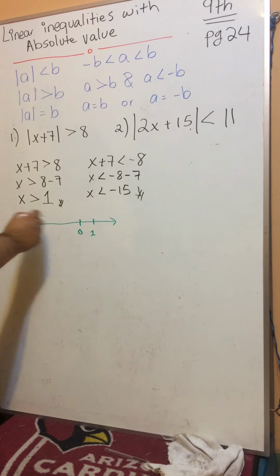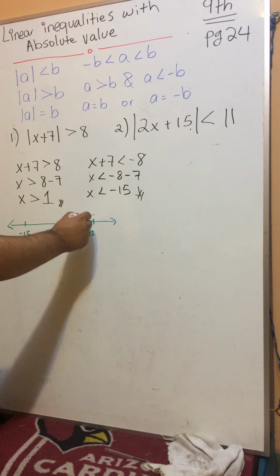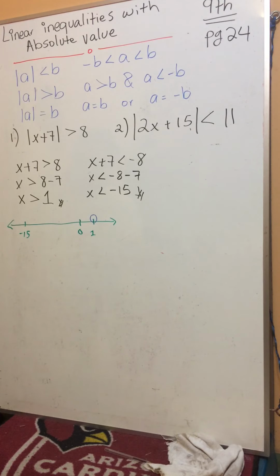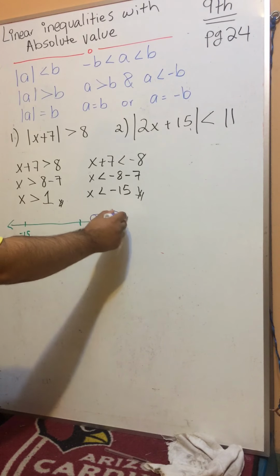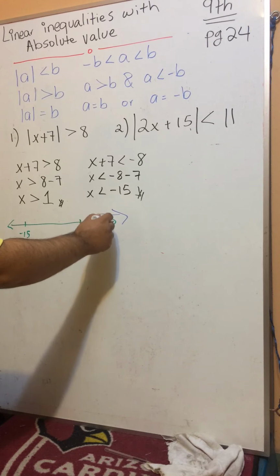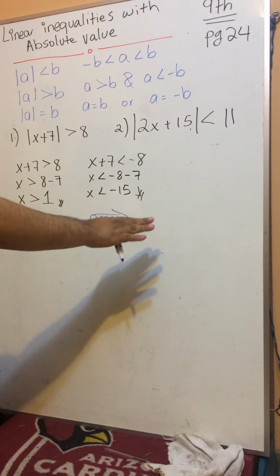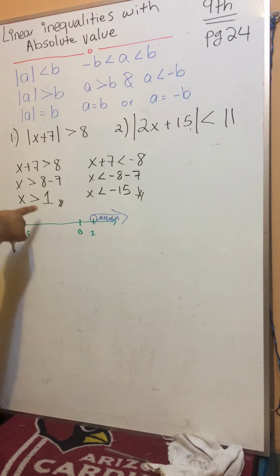So let's do the first one, greater than 1. We place the point, and we're looking for values that are greater than 1, so to this side. All of the values to the right of 1, 1 not included, are going to make this true. Now let's do the next one.